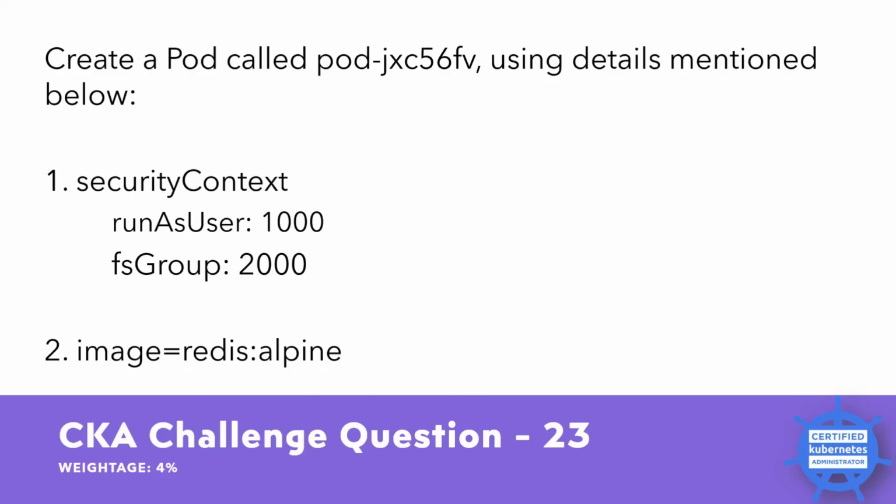The spec should include a container with the Redis image and the security context fields set to the appropriate values. Once you create this manifest, you can use the kubectl apply command to create the pod in your Kubernetes cluster. The resulting pod will have the name pod-JXC56FV and will use the Redis image with the specified security context settings.